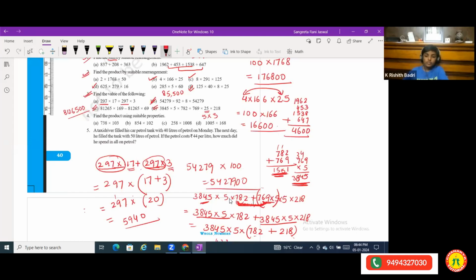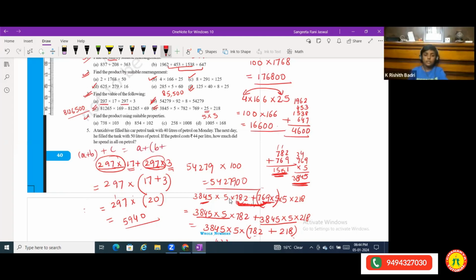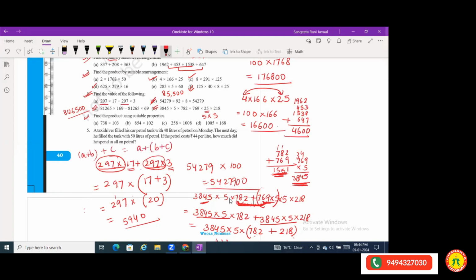Yes, ma'am. Okay. Now let's move on to question number 4. Find the product using suitable properties. Now, what are the properties? The commutative property was there. We studied the associative property also. The associative property was grouping like this: A plus B plus C is equal to A plus B plus C, grouping in any order.